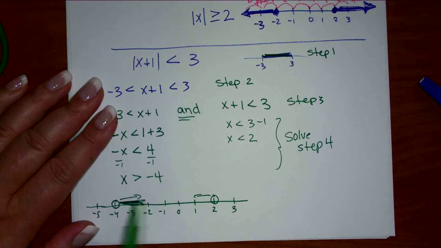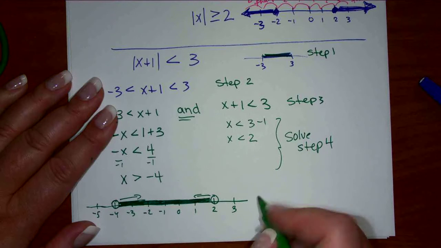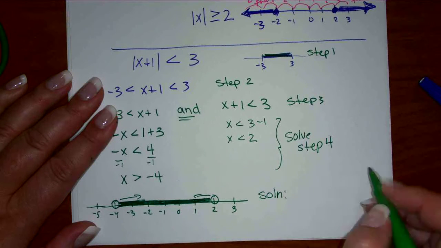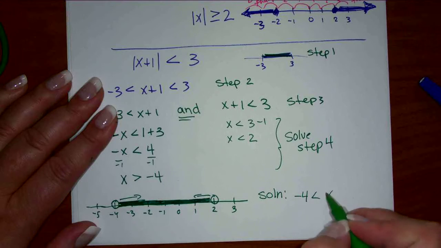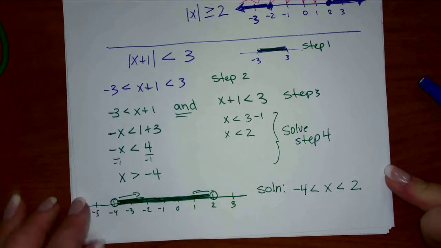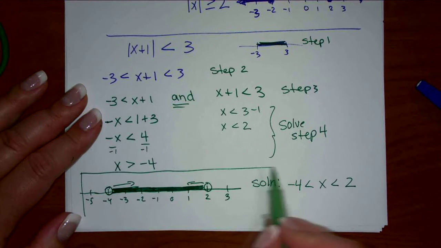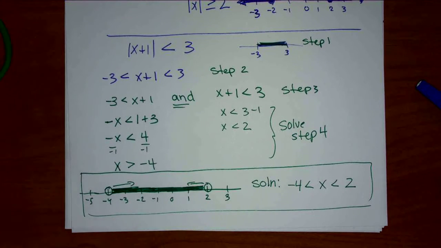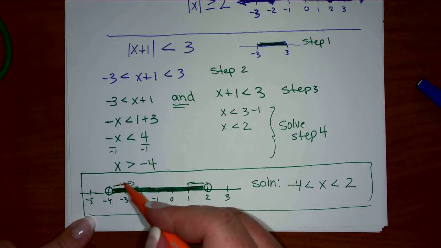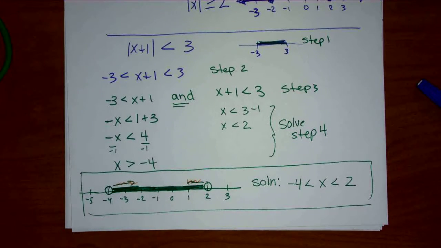So we just shade this in, leaving those circles empty on the ends because there's no equal signs. And we would say our solution is that x is between negative 4 and 2. These arrows, of course, don't mean anything. Okay, so step 5, draw your number line and answer.